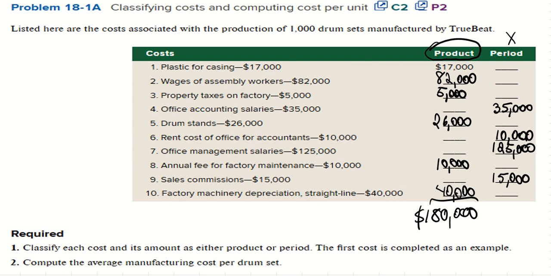And it says here that listed here are the costs associated with the production of 1,000 drum sets. So we're going to go ahead and divide this 180K by 1,000. Okay, that's going to give us $180 as the average manufacturing cost per drum set.